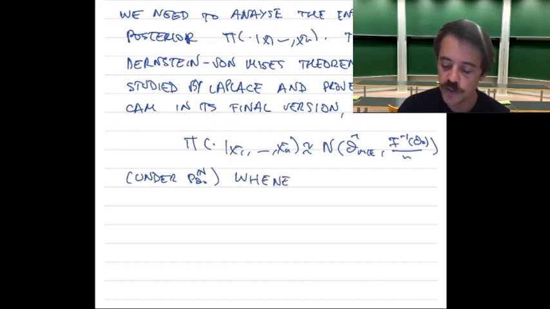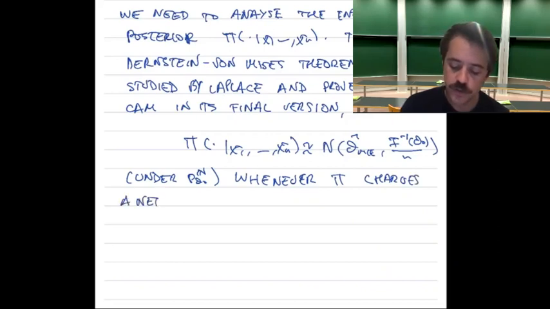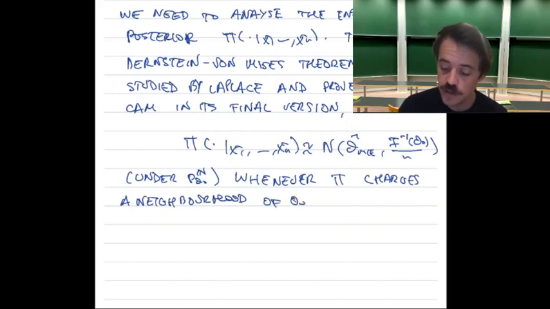Whenever the prior charges a neighborhood of the true parameter, and that's key.